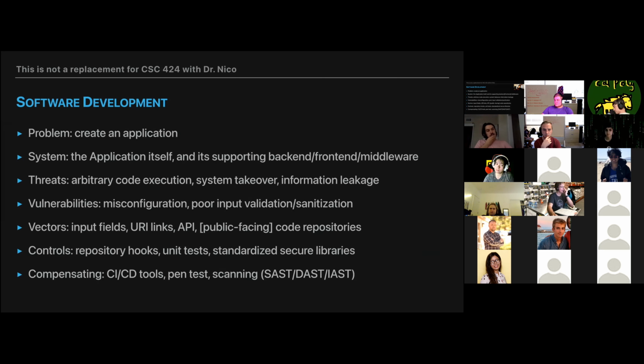Sure, these are possible vectors, like I said, and you might not have all of them, and not all of them may apply. So how do you control for that? Well, repository hooks to make sure that you're not pushing certain files that match certain criteria. Maybe make sure that the SSH keys or other API tokens aren't being pushed.